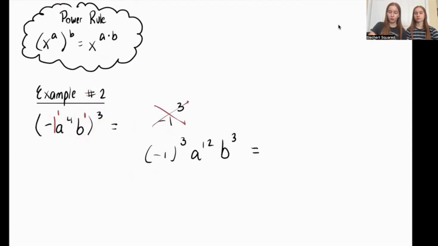And then from there, a lot of times the last step you'll have is taking whatever the coefficient was and raising it to that power. Be really careful with -1 to the power of 3. This is really -1 times -1 times -1, which is not -3. A lot of times people will just say, oh, it's -1 times 3, but that's not it.